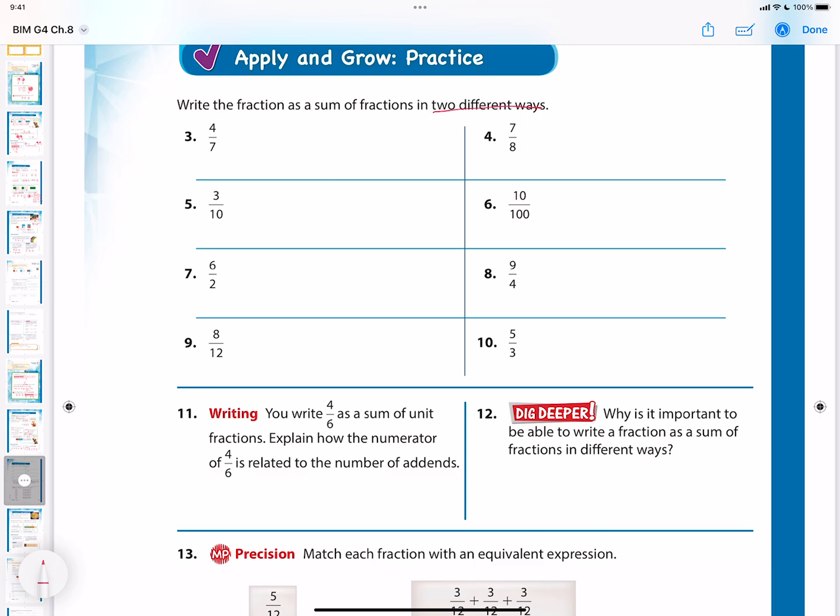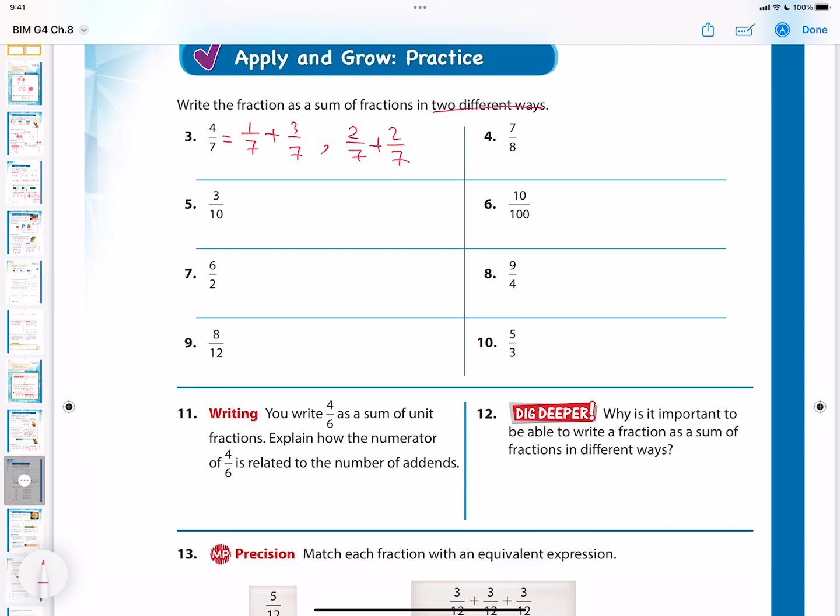Write the fraction as a sum of fractions in two different ways. That's what they're asking. So I'm going to go for 1 over 7 plus 3 over 7. And then what else? I can do 2 over 7 plus 2 over 7. Any number that you want to work on.